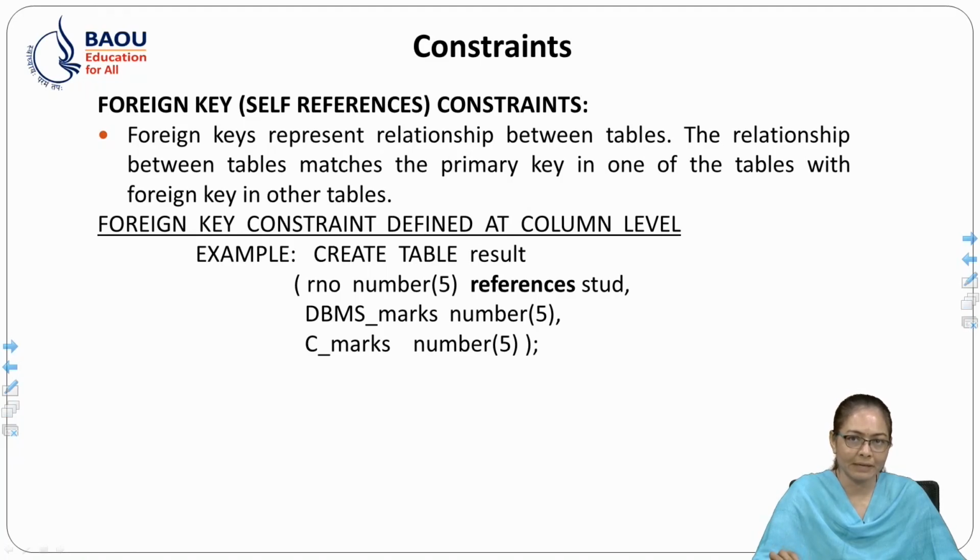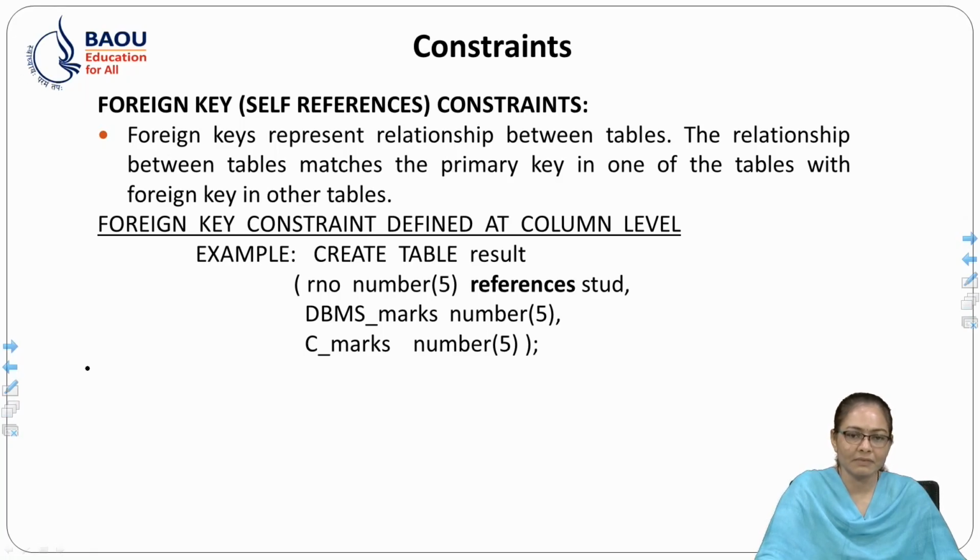In the primary table, the student table, roll number has a number data type and size is 3. So in the result table, it is a foreign key. So we can declare it as references student. Roll number in the result table takes the reference from roll number in the student table.